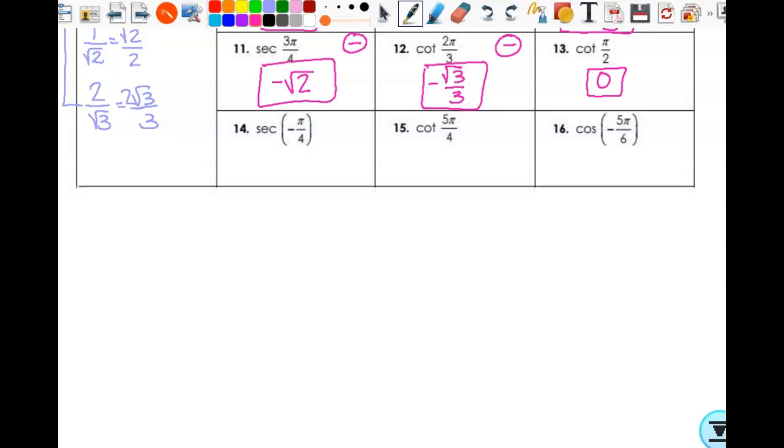Negative pi fourths is in which quadrant? It's negative, so we're going to have to go this way. So it's in the fourth. So in the fourth quadrant, is cosine positive or negative? Positive, okay. And then what is the cosine of pi fourths? Square root of 2 over 2. So that means the secant is, what's the reciprocal of the square root of 2 over 2? It's just square root of 2. Okay. All right, good deal.